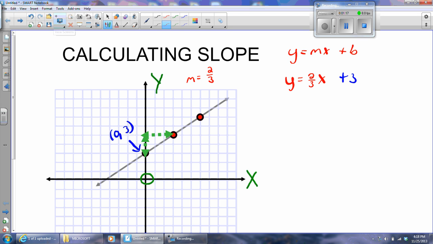Now, one peculiar thing here, which is actually kind of cool, is we know that this point, let's call it point A, has the coordinates (0, 3), right? This will be point B, and we're going to call this point C. What are the coordinates of point B? Well, let's see here. 1, 2, 3.